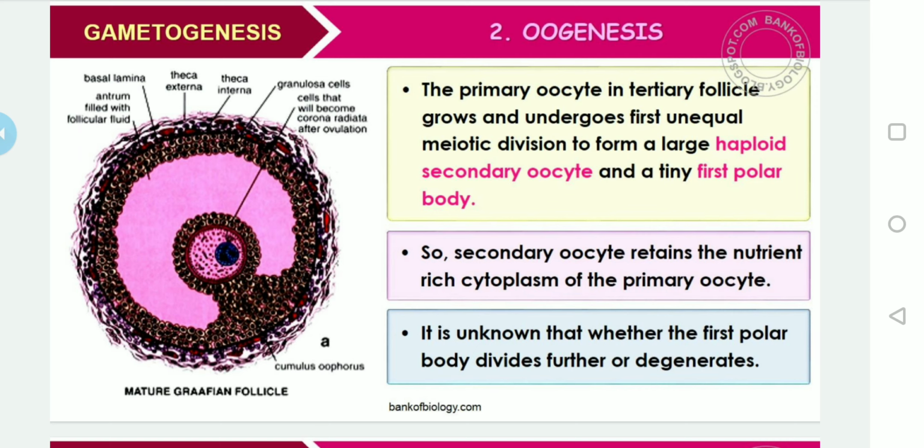As I said briefly, the primary oocyte in the tertiary follicle grows and undergoes the first unequal meiotic division to form a large haploid secondary oocyte and a tiny polar body. Then the secondary oocyte retains the nutrient-rich cytoplasm of the primary oocyte, and it is unknown whether the first polar body divides further or degenerates.